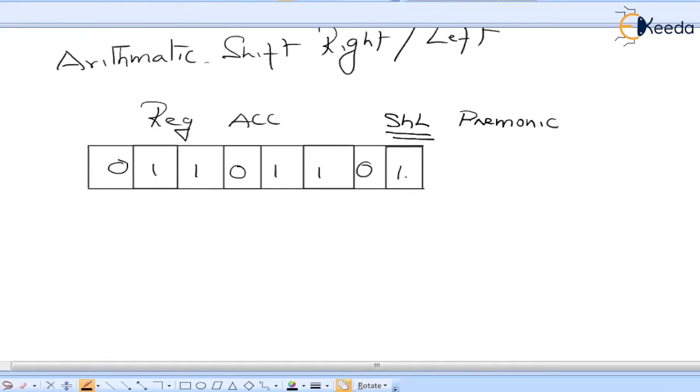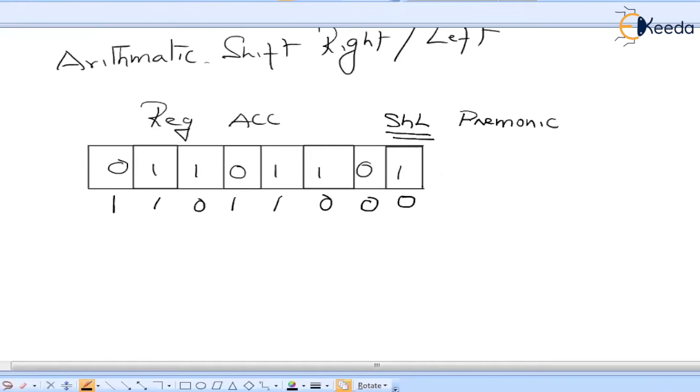That means this 1 will come here, this 0 will come here, this 1 will come here, this 1 will come here, this 0 will come here, this 1 will come here, this 1 will come here. And finally, in the least significant bit position a 0 will be added.